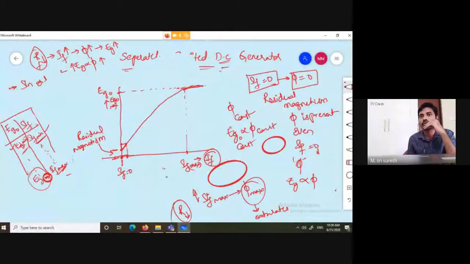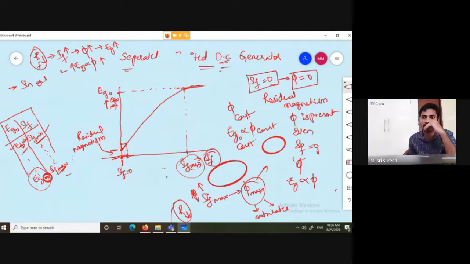Okay. After the maximum value of current, if we reduce the potential divider resistance, the current will increase. But the flux has already reached the maximum position, which means it is already in saturation.